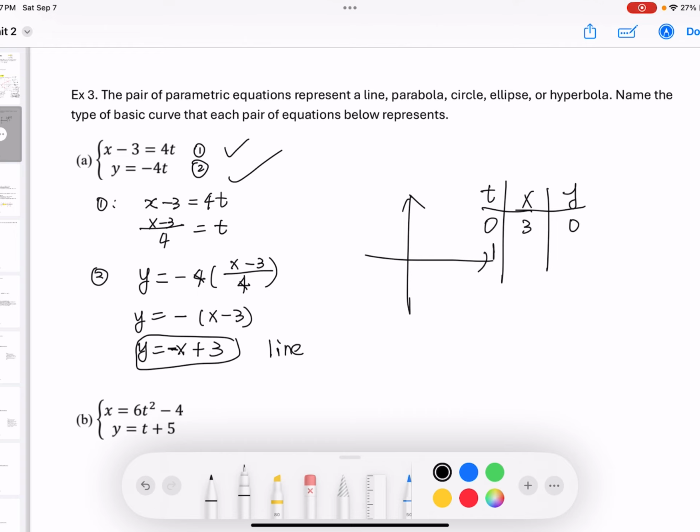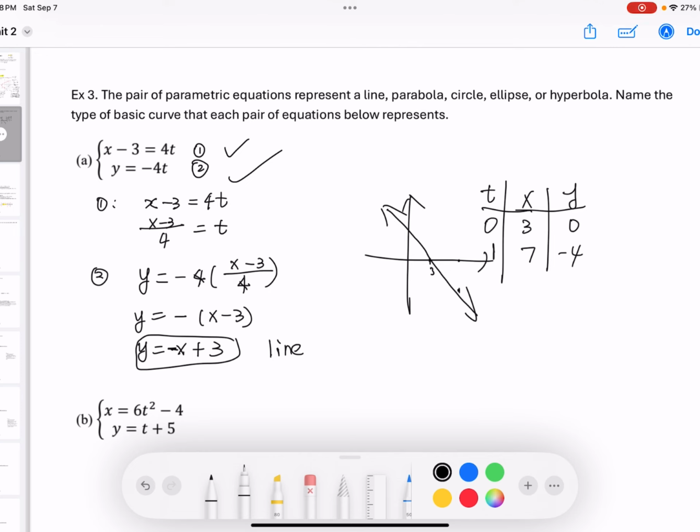I can also plug in t equal to 1: x is equal to 7, and y is negative 4. Two points can decide a line. So (3, 0) is here, and (7, negative 4) is here. Connect them. This is my linear line.